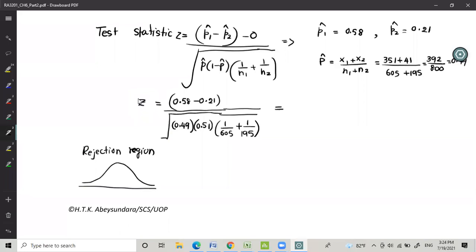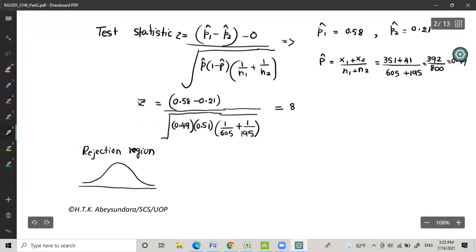Did you miss the square root? Okay, so here's what I got.